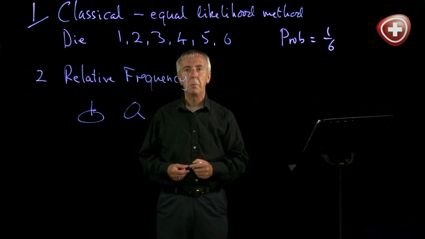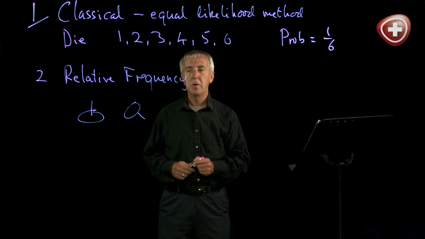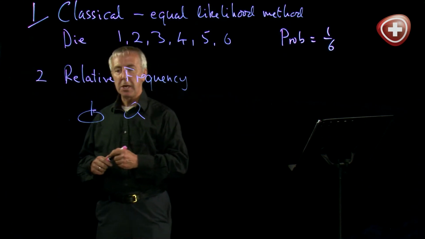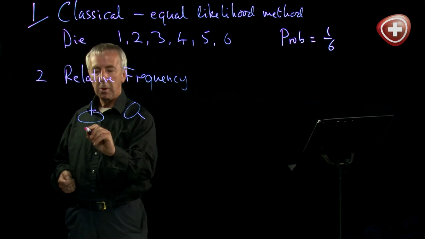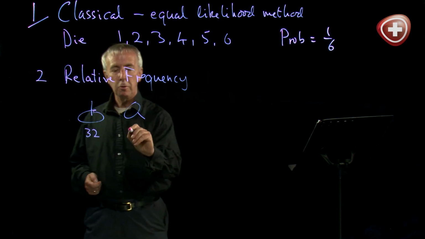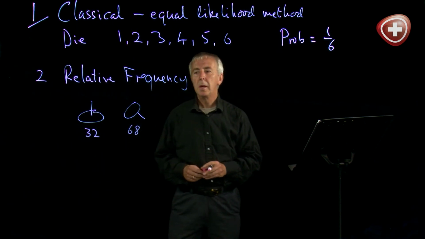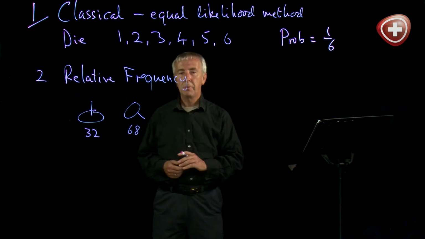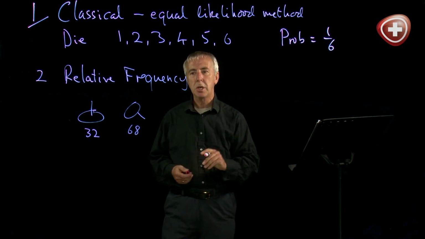We toss this drawing pin a number of times and we find out what fraction of times it lands pin up. So suppose we did 100 tosses of this, and we might get 32 of those and 68 of those. So out of the 100 times, the fraction of times that the pin has landed point up is 32.